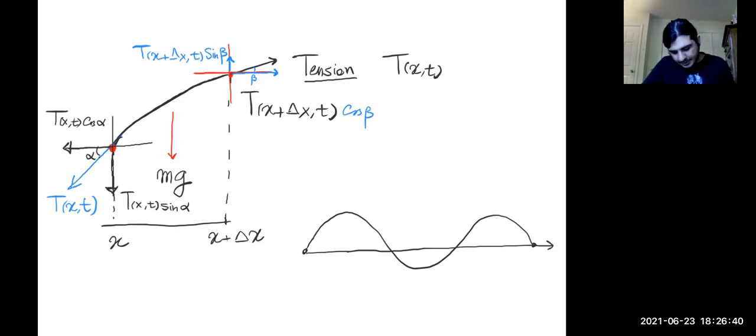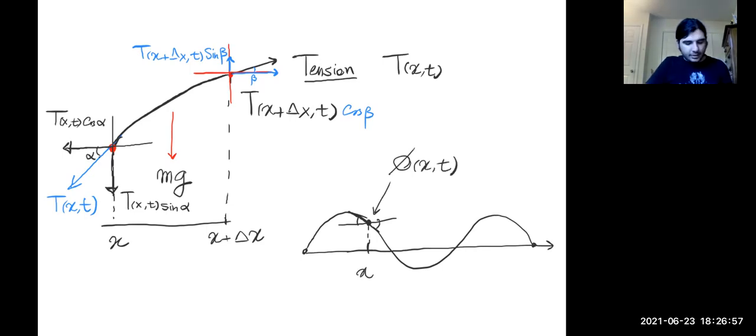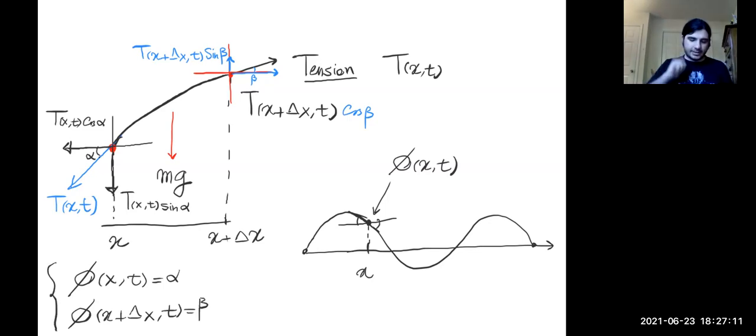At each point x, at time t, I can look at the angle it makes with the horizontal direction. I'm going to show that with phi of x and t. In the example we have, phi of x and t is equal to alpha, and phi of x plus delta x and t is equal to beta, right? That's the notation we are fixing.